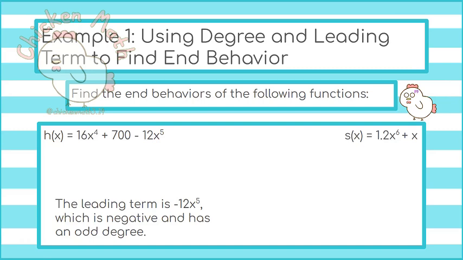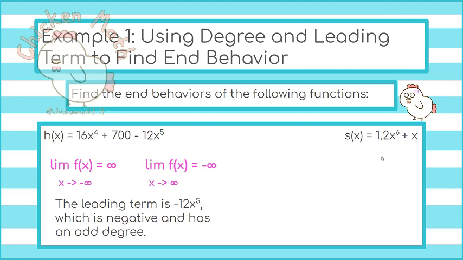And since we identified the left as going upwards, towards positive infinity, we know that our right has to go towards negative infinity. So as x approaches infinity, our outputs will approach negative infinity. So that would be our limit notation describing end behavior for h of x.